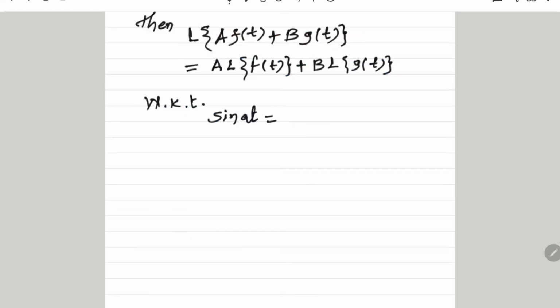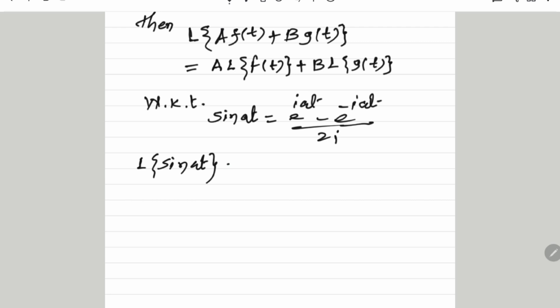We know that sin at we can write as e raised to iat minus e raised to minus iat, and whole divided by 2i. Taking Laplace on both sides, therefore Laplace transform of sin at is equals to 1 by 2i, constant term outside, Laplace transform of e raised to iat minus e raised to minus iat.